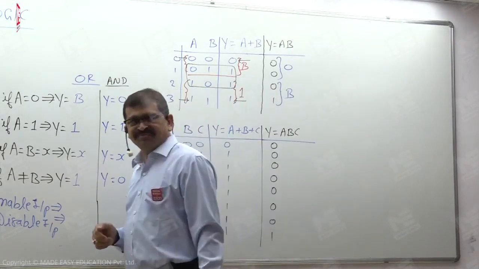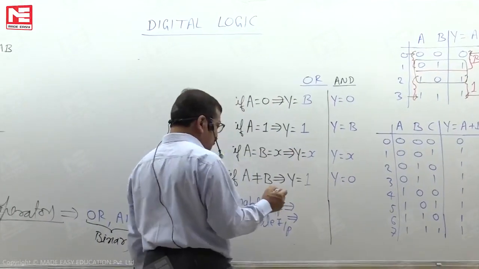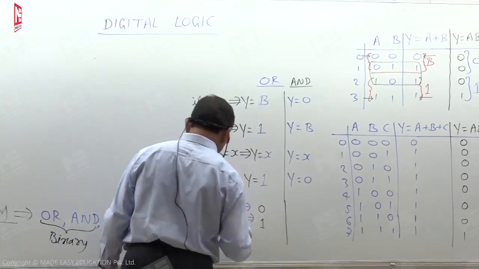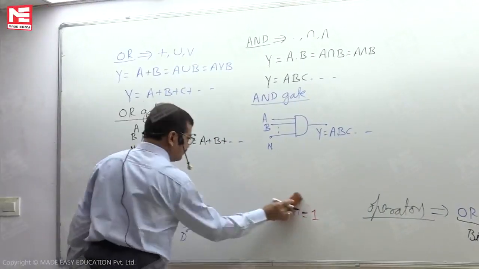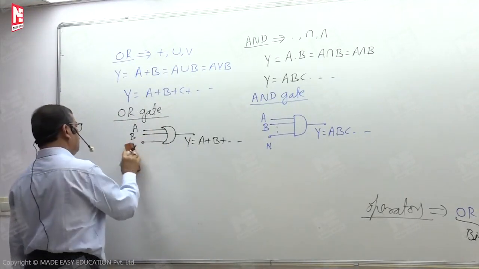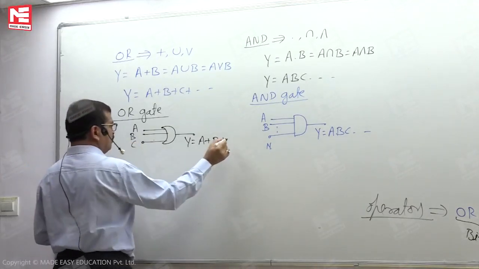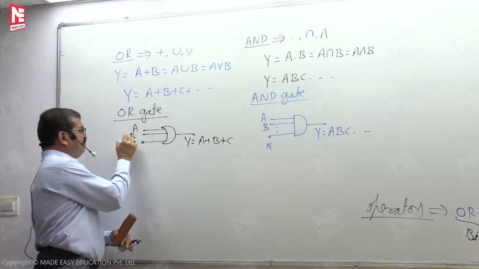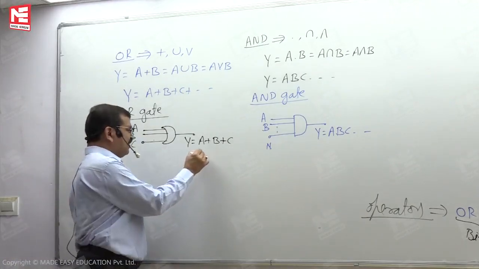So if you look here at the OR gate, the enable input is 0 and the disable input is 1. We can verify. Suppose I have this OR gate with 3 inputs, so the operation is A or B or C. When B is 1, we read the output as 1.